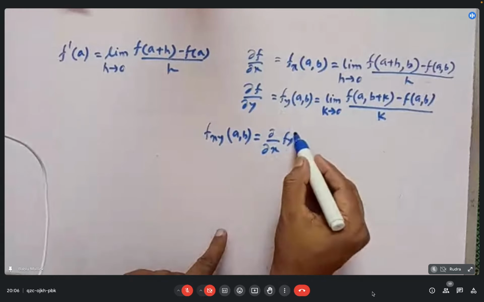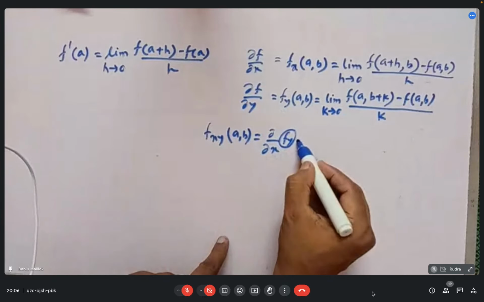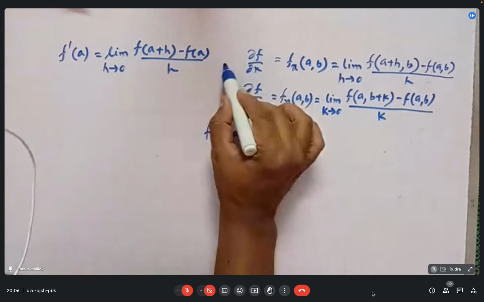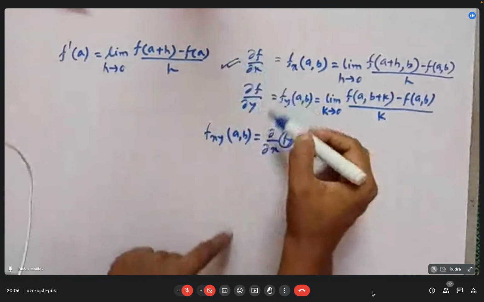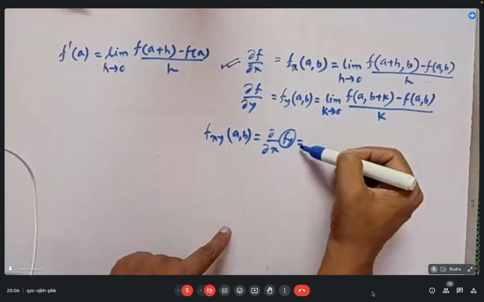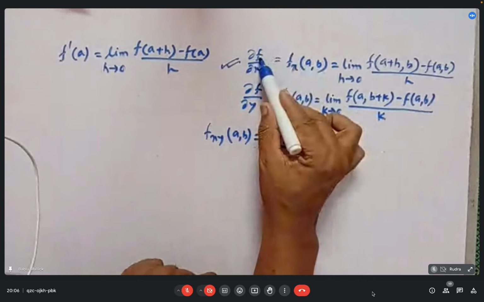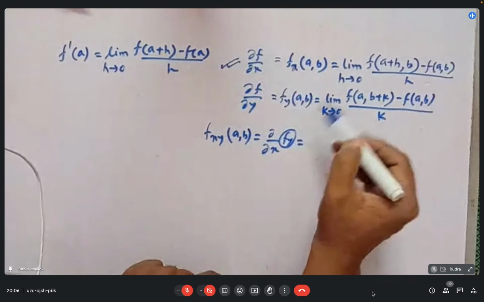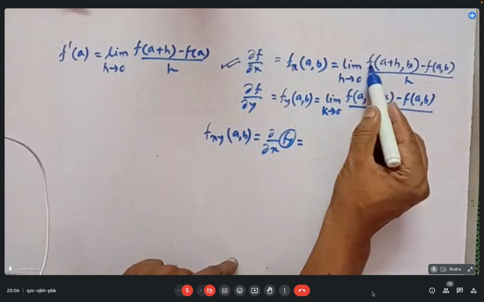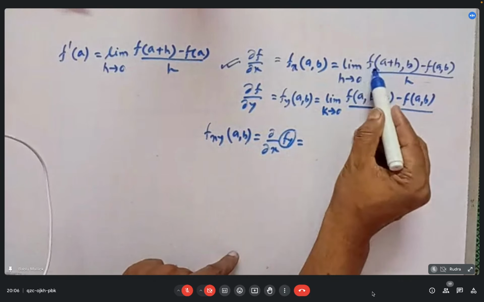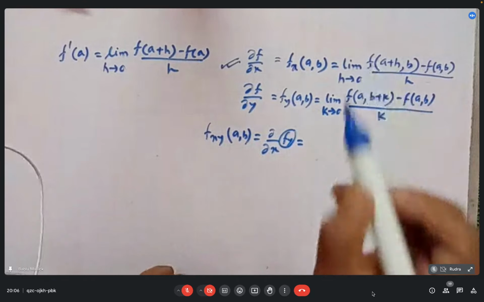So del x of fy মানে same type of definition. This definition we shall use, here it is del x of f, so in place of f there is fy. So in this definition I shall write just fy in place of f.